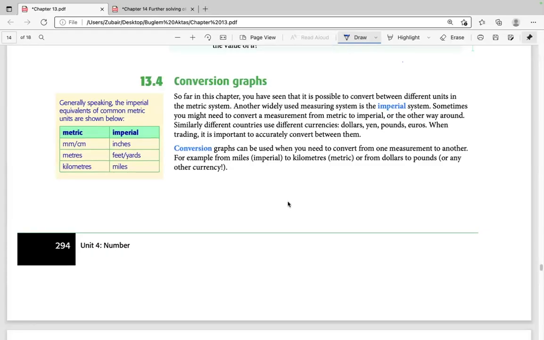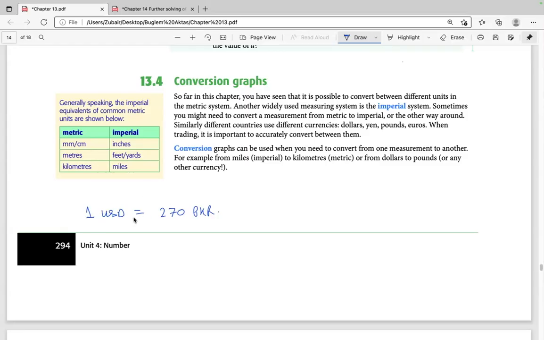For example, if I say that 1 USD is equal to 270 PKR, so $1 is 270 Pakistani rupees.